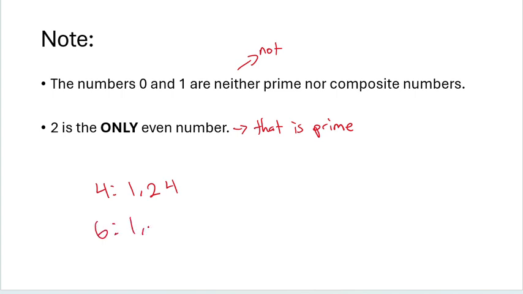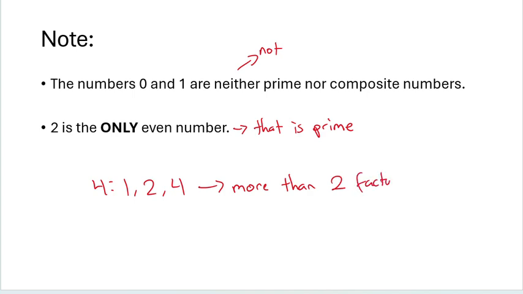If we did 6, it's 1, 2, 3, and 6. And you sort of get the gist of it, yeah? So you don't need this. I'll just keep this example here.